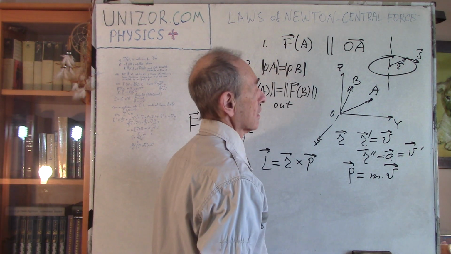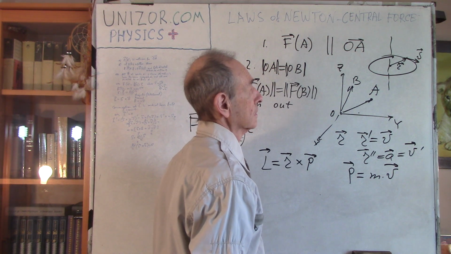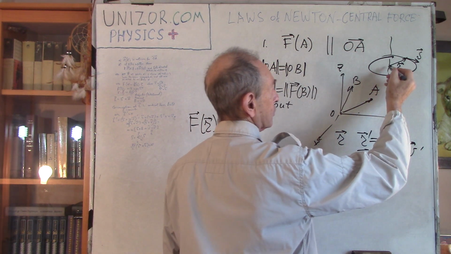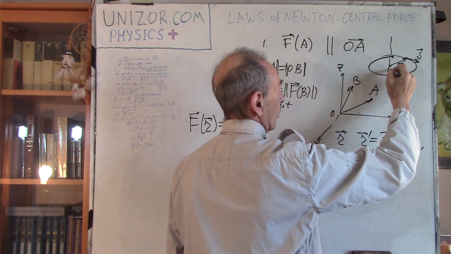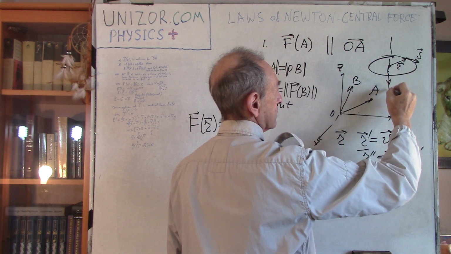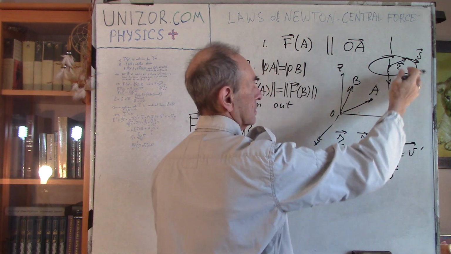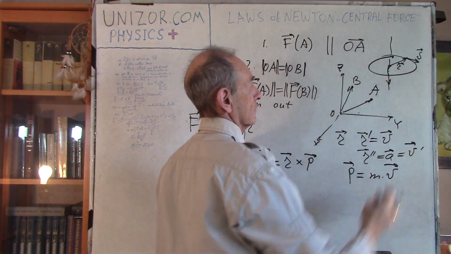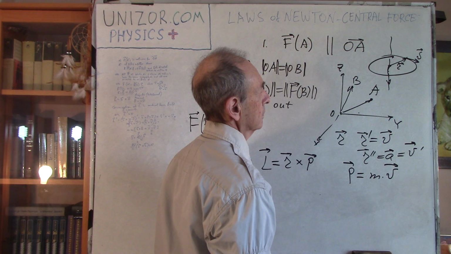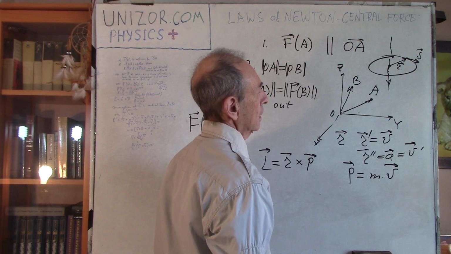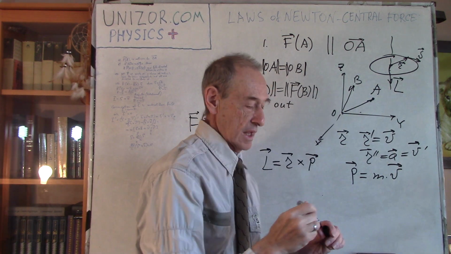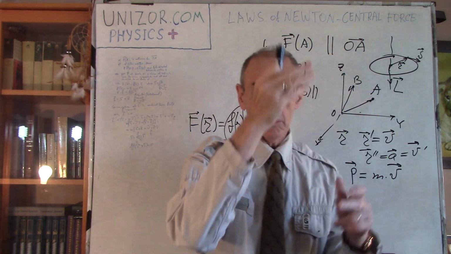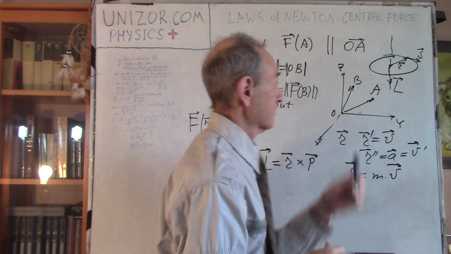So what would be their vector product? Well, the vector product would be perpendicular to both, so it should be along the axis, either down or up, depending on the direction of the v. Okay? So in this particular case, that would be L. So L is always along the axis of rotation, L as a vector.